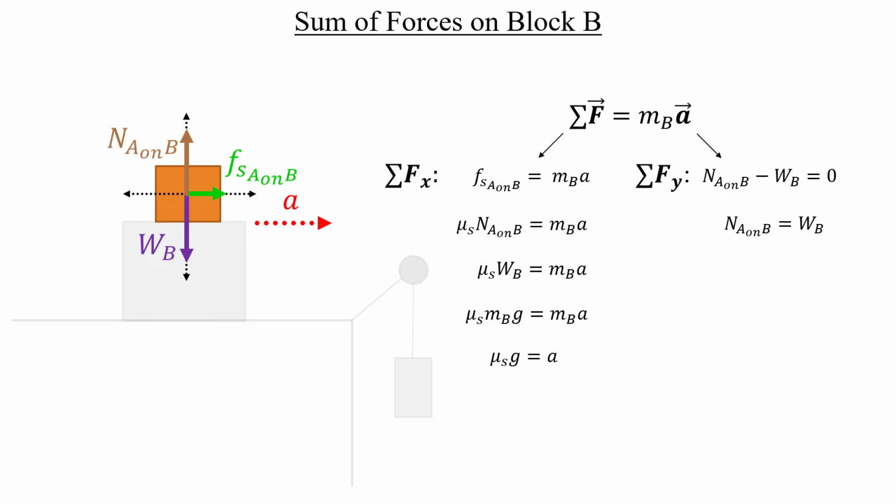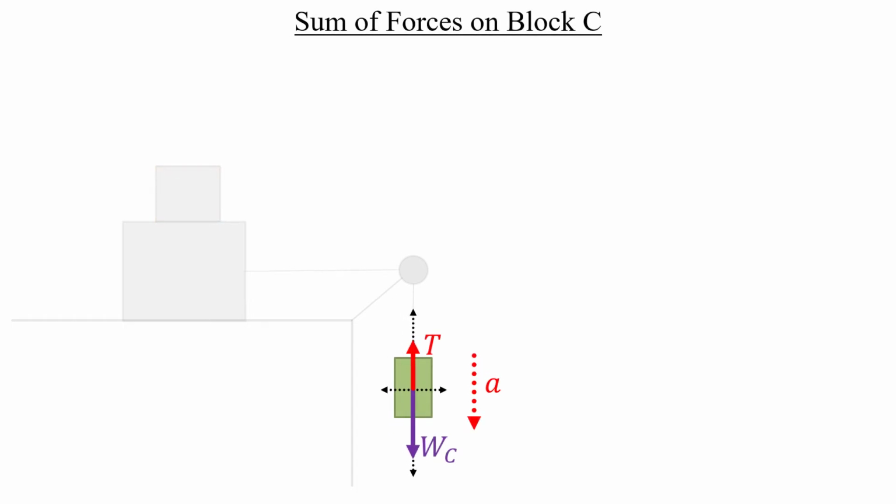So we've knocked a couple variables down. We still have the tension to go. Let's move on to block C and see if we can't get anything useful there. Again, F equals ma at the top. Sum of forces in the x direction is 0 for block C because it's not even moving to the side. All it does is move up and down.